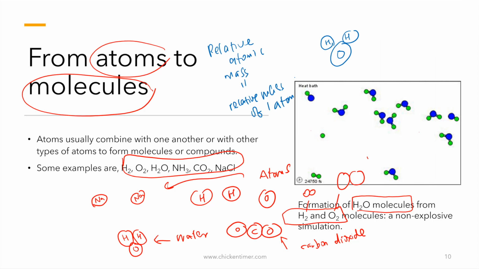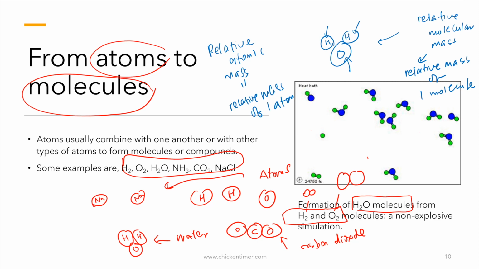So if I want to find the relative molecular mass, for a molecule, I can assume it to be the mass of one molecule. That means the relative molecular mass will be the sum of the masses of the two hydrogen atoms and the oxygen atom. So the relative molecular mass of water is the relative atomic mass of hydrogen plus that of oxygen.